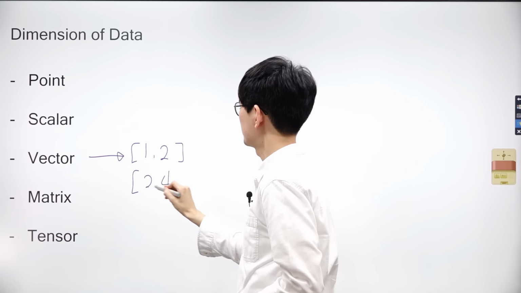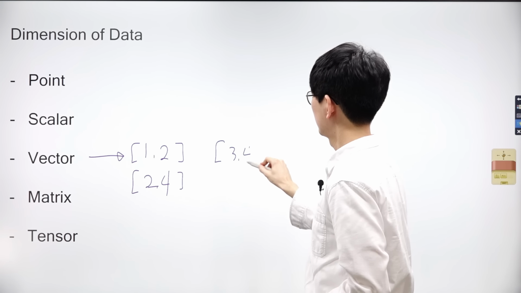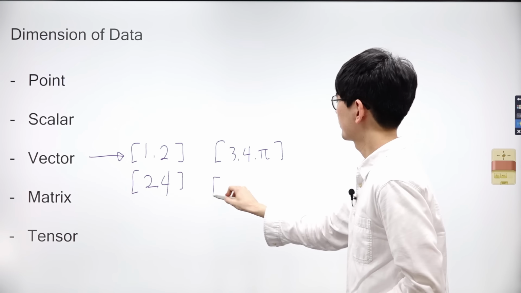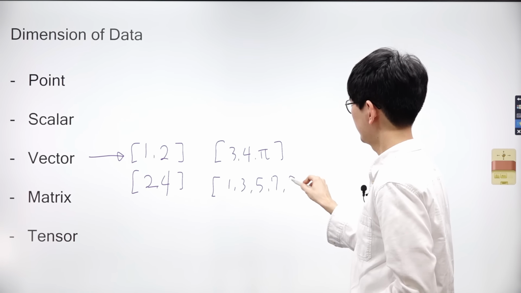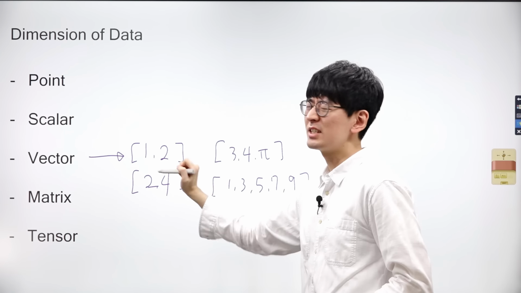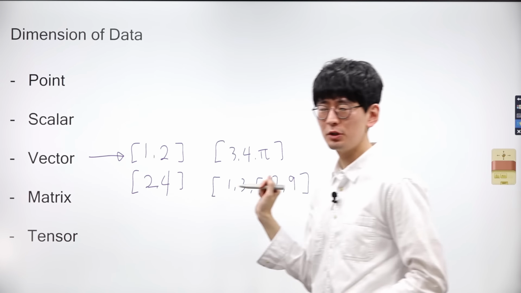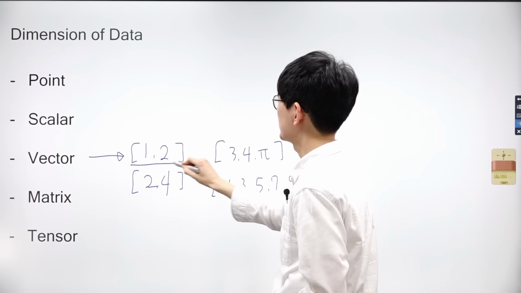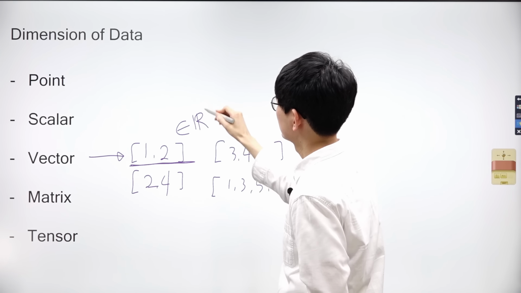Let's think about vectors. Vectors can be thought of as a list of 2 scalars like this, or a list of 3 scalars, or it can even be a list of 5 scalars like this. That's why I said it's not mathematically correct to say that vectors are two-dimensional earlier, and it's more accurate to describe vectors as data with one higher dimension than a scalar. So, this one has 2 numbers, right?